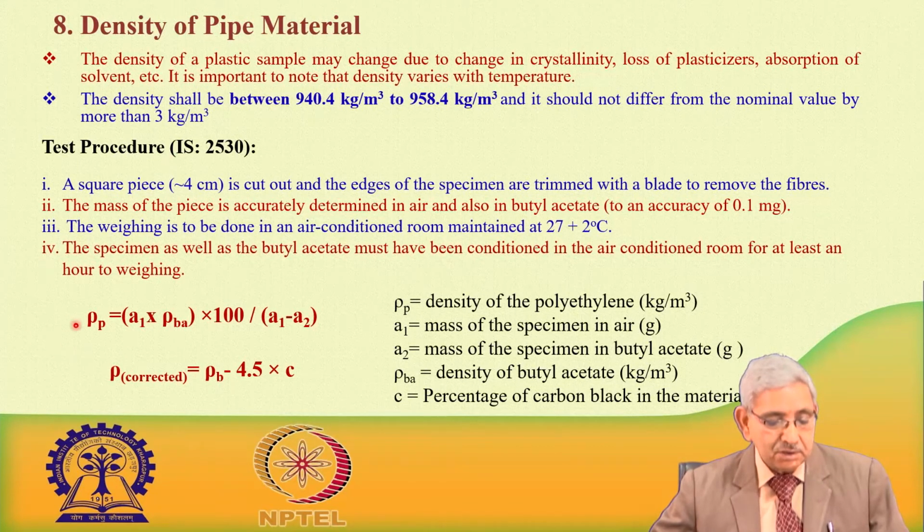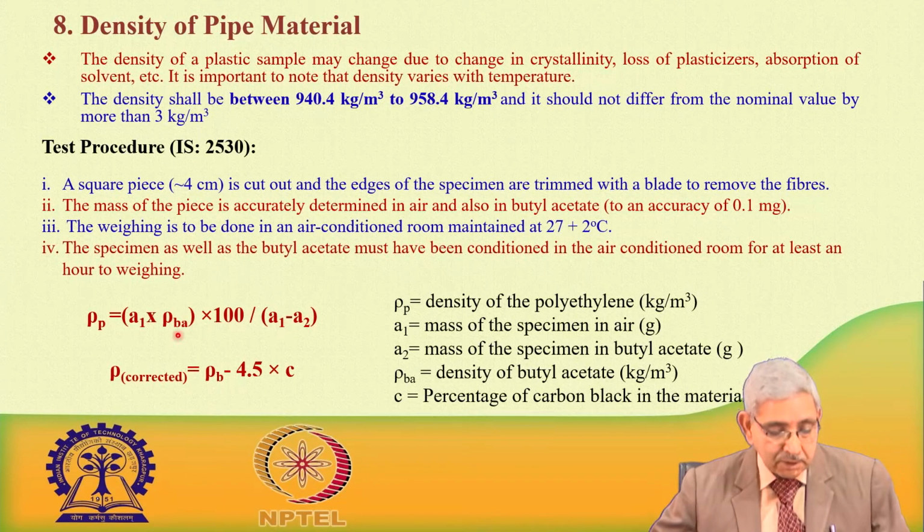The density of the polyethylene pipeline is estimated by using this expression, where it is given as the mass of the specimen multiplied by the density of the butyl acetate, divided by the mass of the specimen minus the mass of the specimen in butyl acetate.